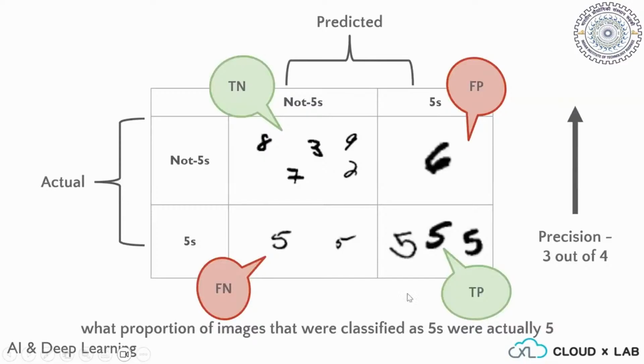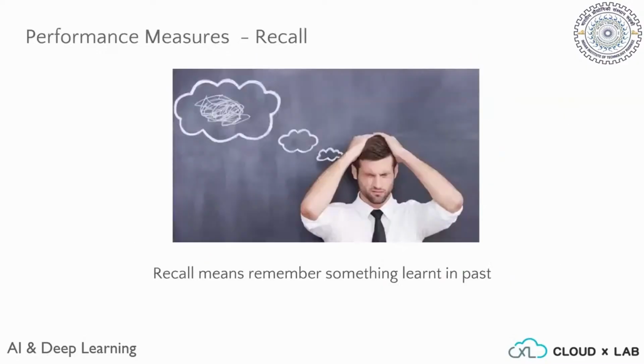Okay, so here the precision is 3 out of 4, or 3 divided by 4, right? Similarly, we have one more term, recall, and recall means remembering something learned in the past, right?